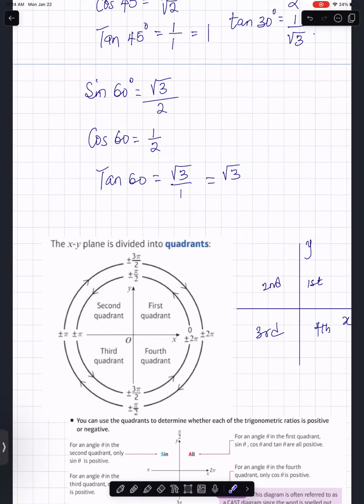Please refer to our previous videos on trigonometry. You can learn how we got these angles, 3 pi over 2, pi over 2 and 2 pi. Then the fourth quadrant ranges from 271 to 360 degrees, which we have as 2 pi. So these are the 4 quadrants we talk about.